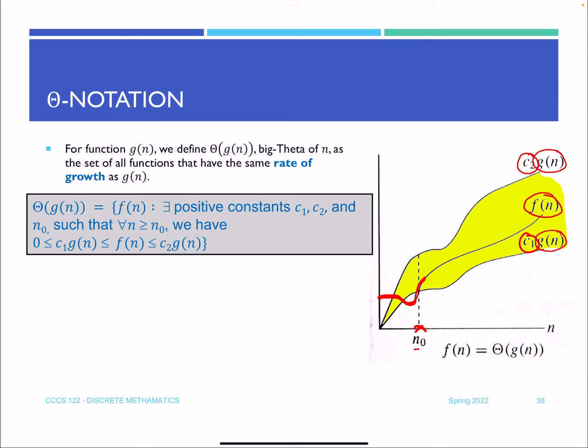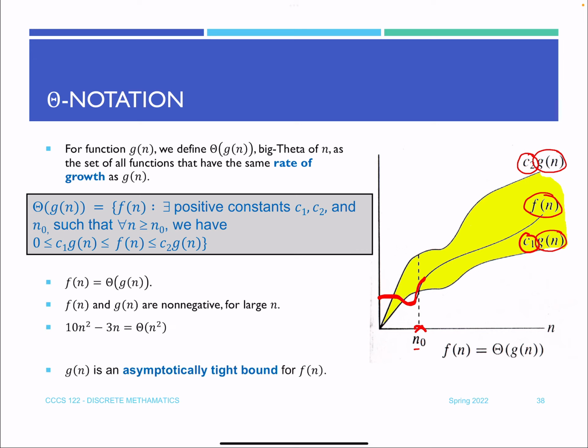In that case, we say that the function f of n is big theta of g of n.